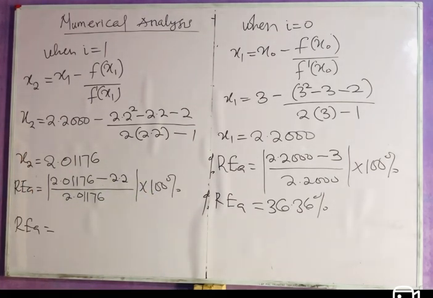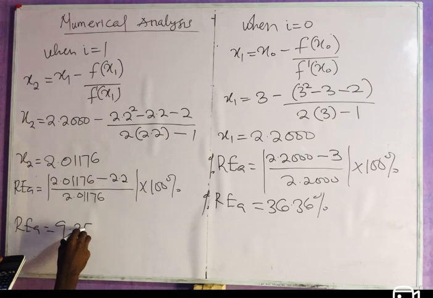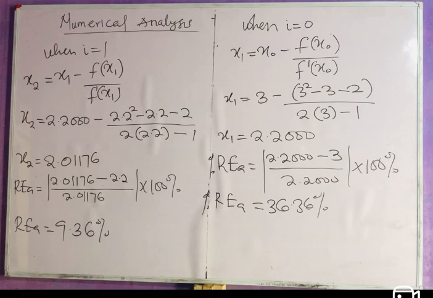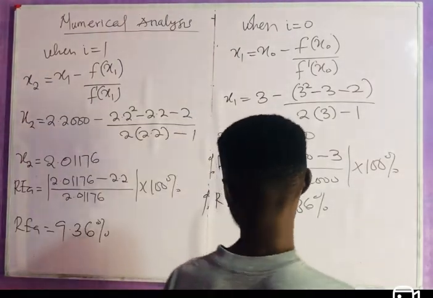So we get 9.36%. All right, we'll do it till it converges. That's what we are doing.